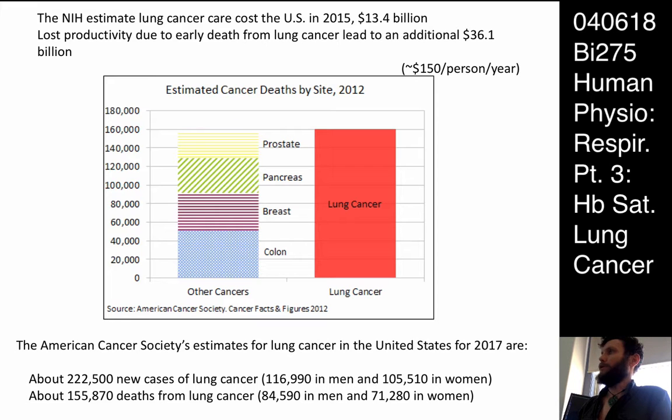There are about 250,000 new cases of lung cancer a year in the United States, 116,000 in men, 105,000 in women, and about 150,000 deaths. That's a lot of people.